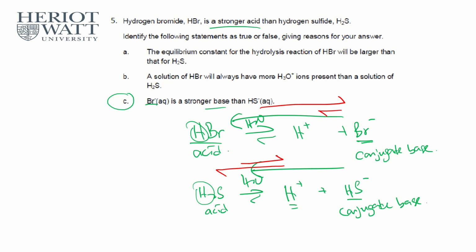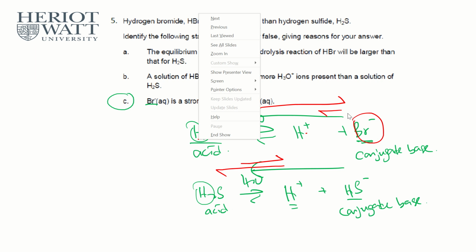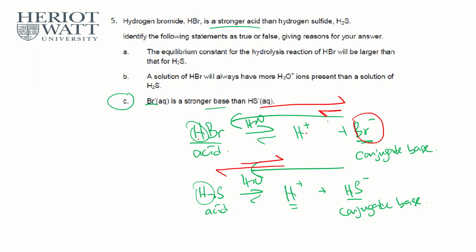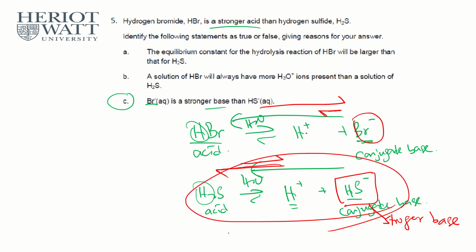Now, since we are looking at the backward reactions, for Br minus to act as a base, it must accept a proton and change to HBr. And what happened to the arrow here? A shorter arrow compared to HS minus, which means HS minus is a stronger base, because the ease of going backward to accept a proton is much higher for this reaction, since it goes backward more than forward. Make sense?